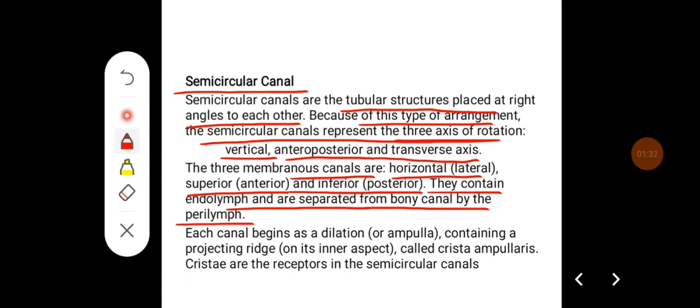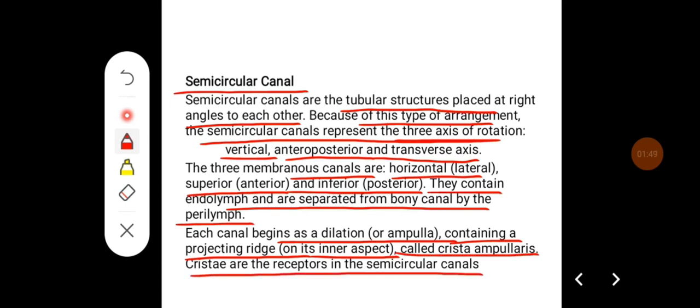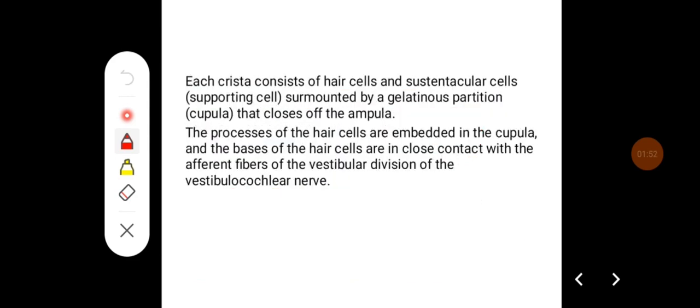Each canal begins as a dilation, which is called the ampulla, containing projections called ridges on its inner part, and they are called crista ampullaris. Cristae are the receptors of the semicircular canals.